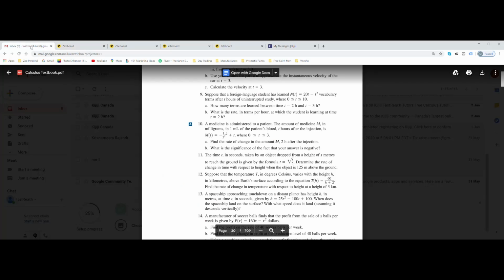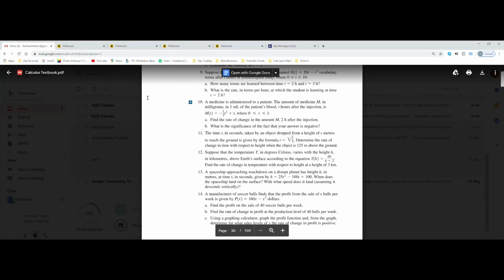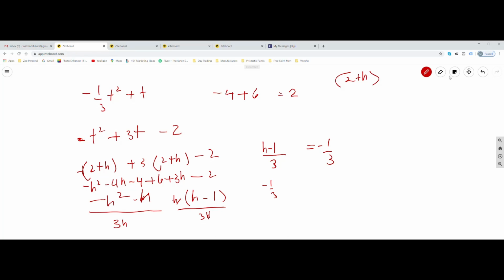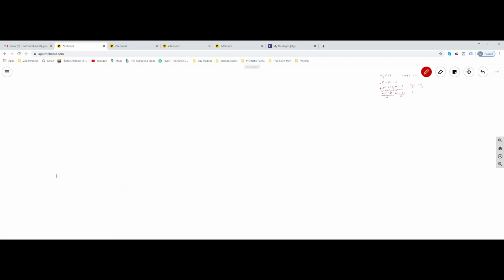So let's look at the next equation, which is 11. So for 11, you have t equals square root of s over 5 and t equals 5.